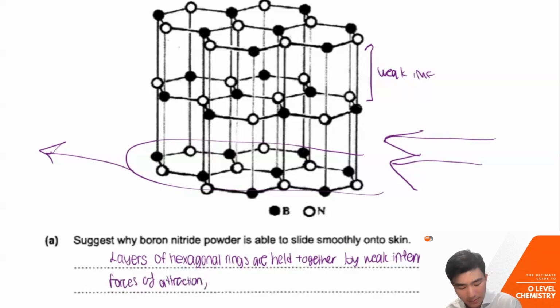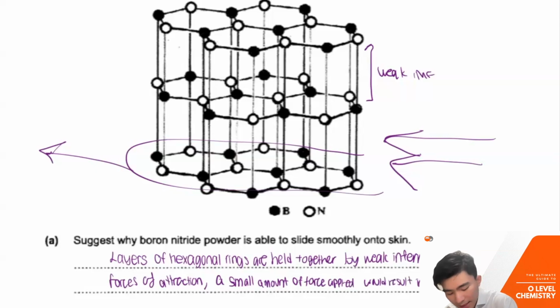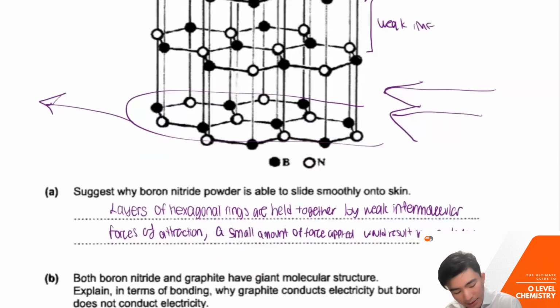A small amount of force would result in layers sliding over one another.